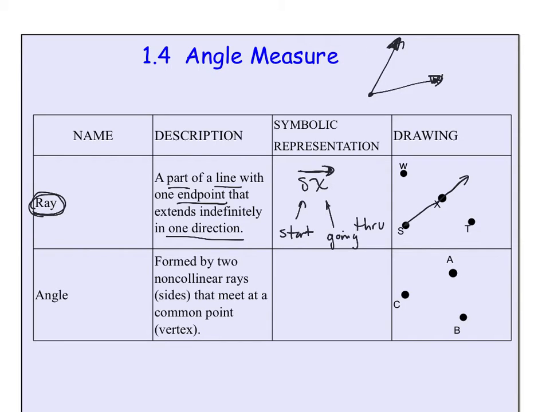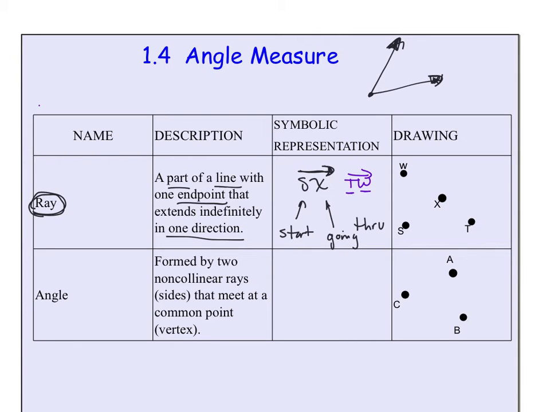Now, if I wanted to say something like ray TW, that line didn't really go through W, but you understand what I'm saying. It starts at T, so this is one of the big differences here. For a ray, the first point is where it starts, and the second point is where it goes.